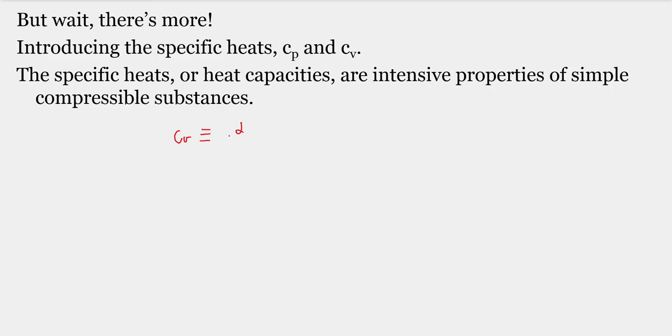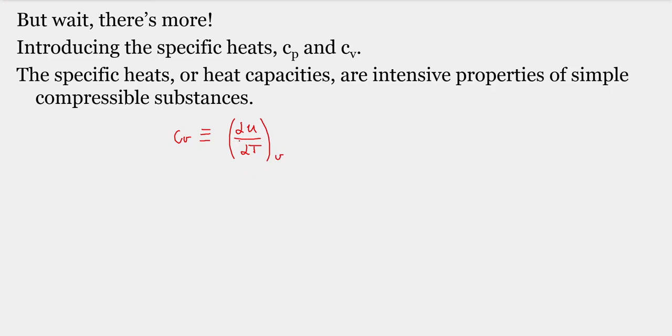Okay, the specific heat at constant volume is by definition the partial derivative of the specific internal energy with respect to temperature while holding the specific volume constant. So that's what this notation means. It's a partial derivative. This is not a substantial derivative.